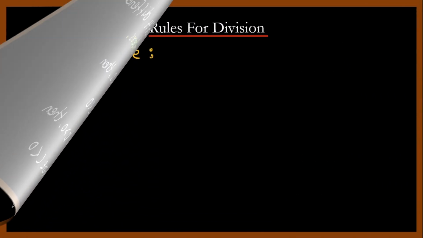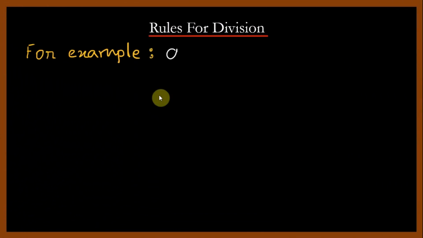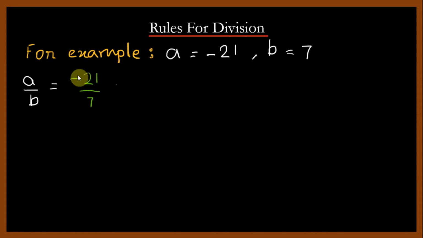So we can understand this better with some examples. Suppose a is equal to negative 21 and b is equal to 7, where a is clearly less than 0 and b is greater than 0. a divided by b is equal to negative 21 divided by 7, which is equal to negative 3, which is a negative number.